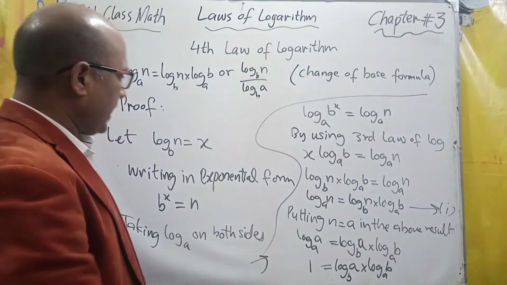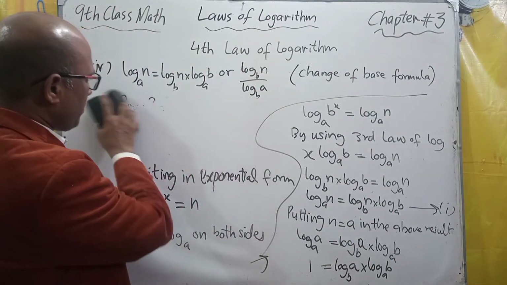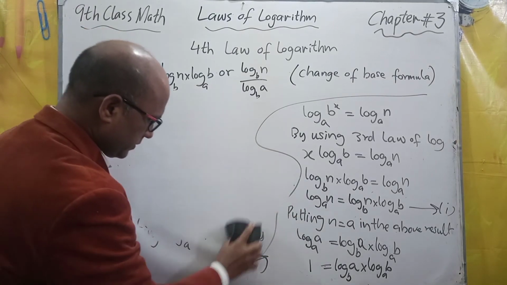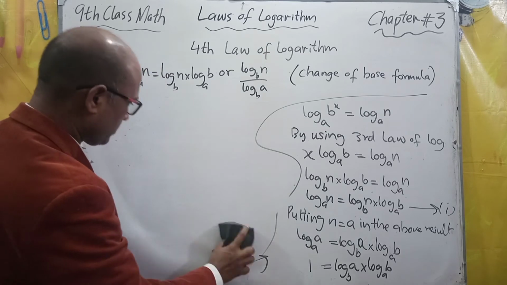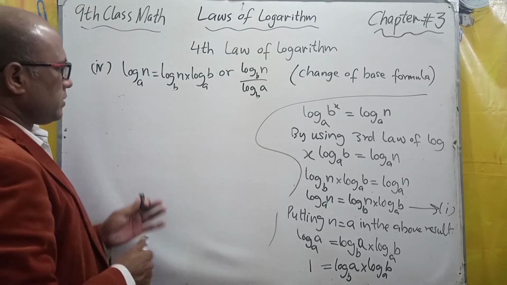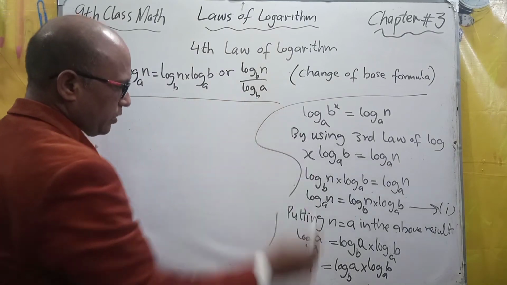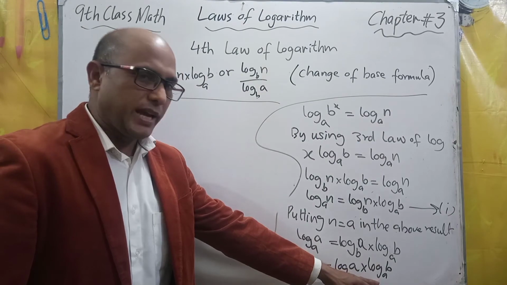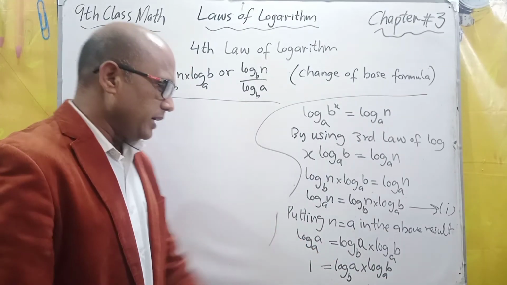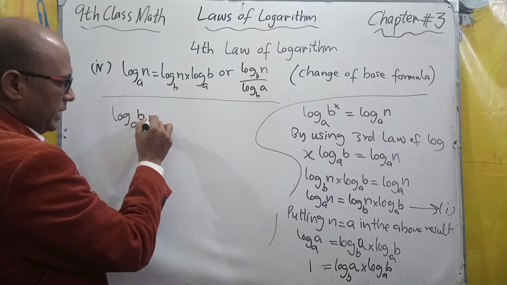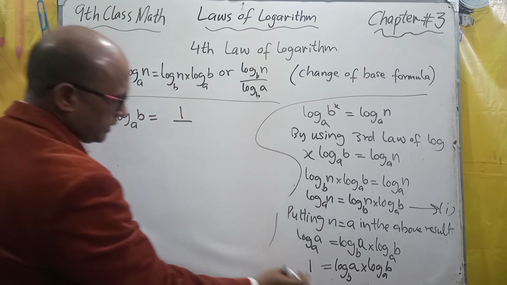So to do next, we have to erase some part on the left hand side. So students, now from this situation we have to take the value of log A of B. So we'll write log A of B is equal to this one.